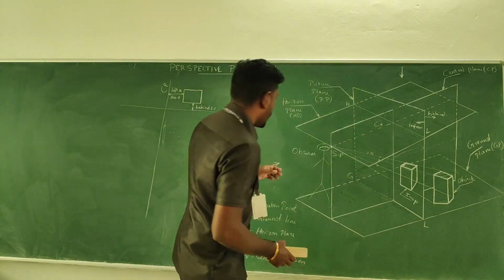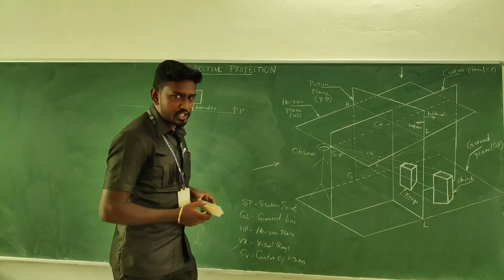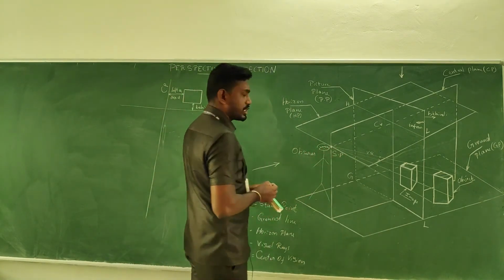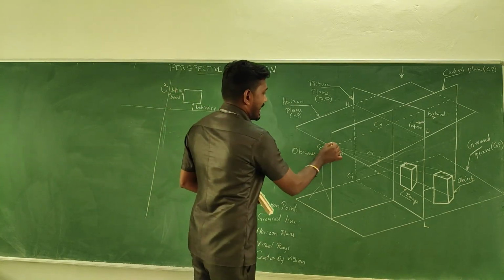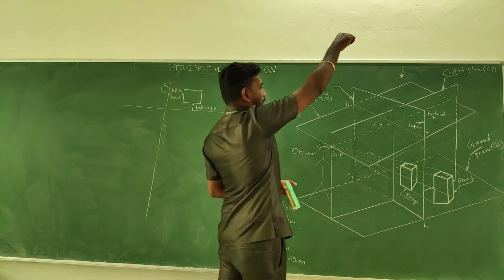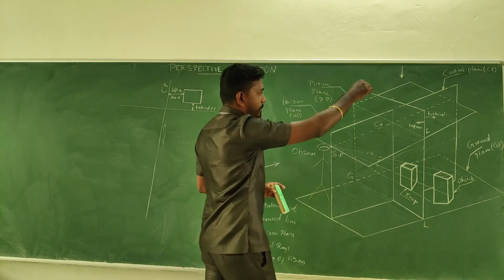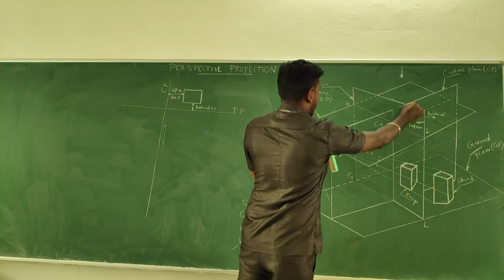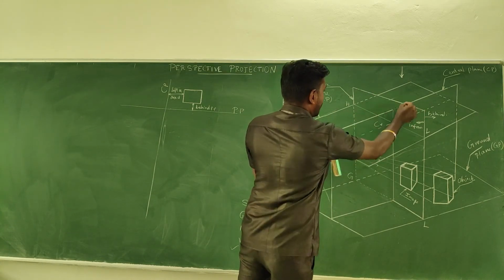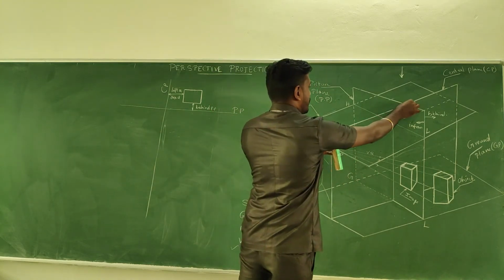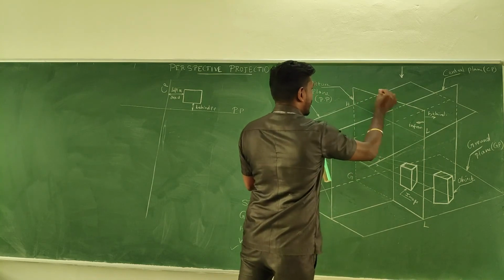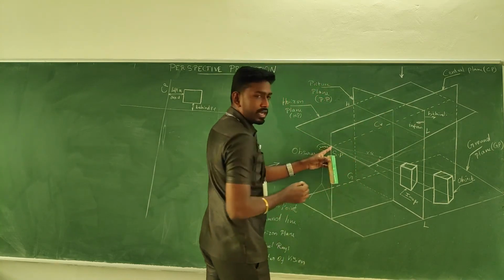And then one more thing we need to specify: the observer, or station point, or the level of eye. So here is the SP distance. When you are looking from the top, I can say the position of this SP is in front of PP, somewhat ahead.